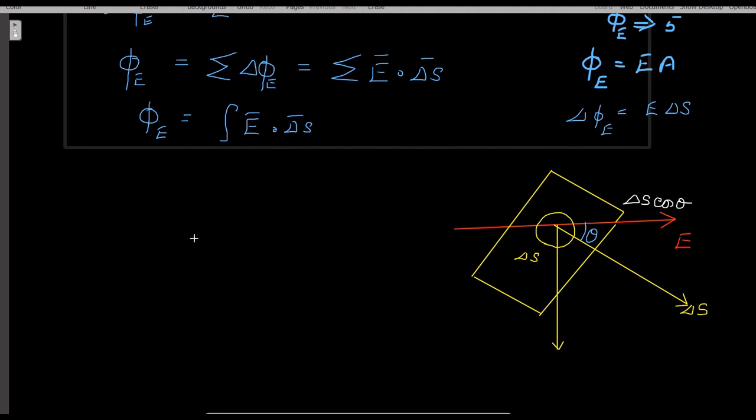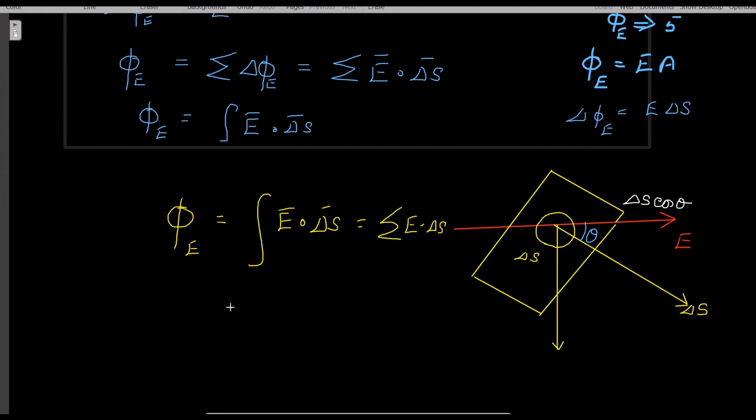Now let us calculate what is the total flux. Already we know total flux phi E is equal to the integration of E dot delta S, or summation of E dot delta S. What is this actually?